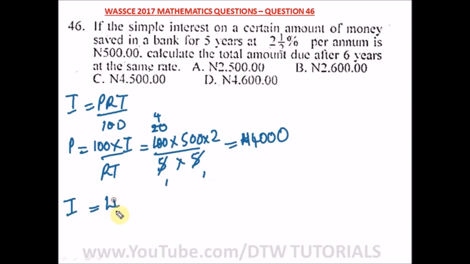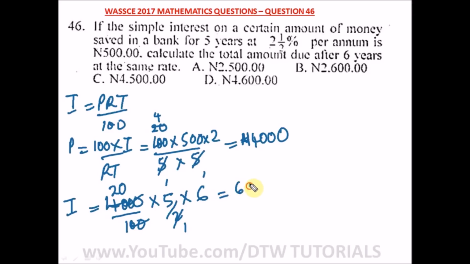Using our principal 4,000, using this formula, times our rate, which is 5 over 2, times our new time, 6, divided by 100. All right, so this will cancel out. 2 here 1, 2 here, how many times? 20 times. So we have 20 times 5, that will be 100, and 100 times 6 is 600.